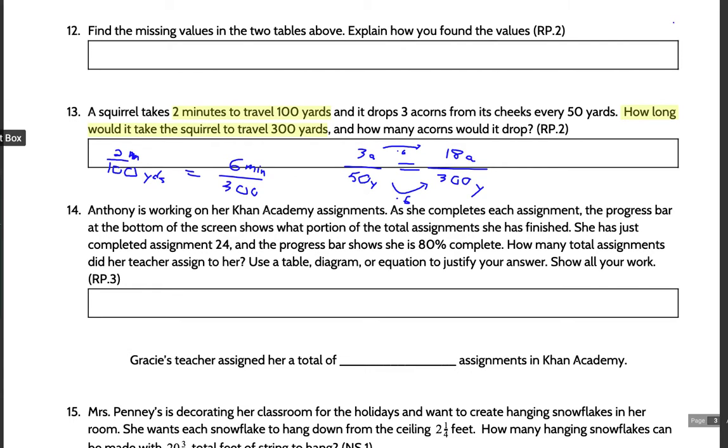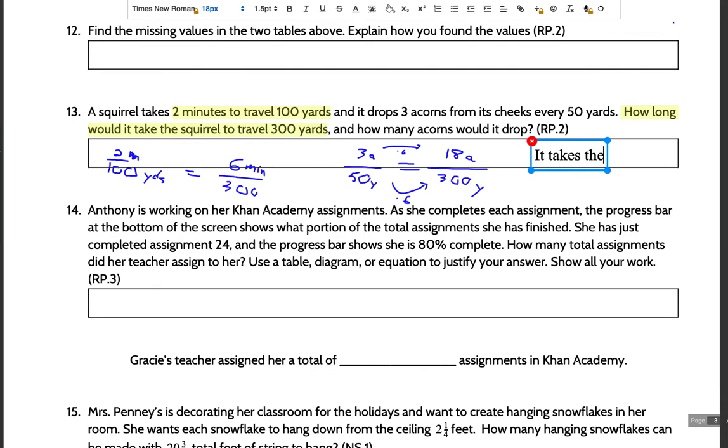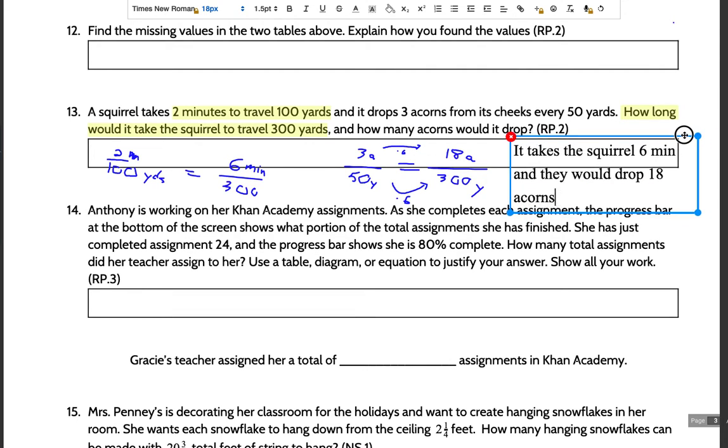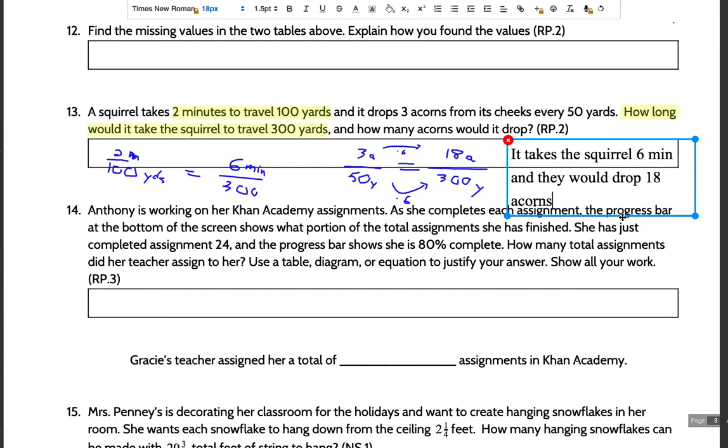So it takes the squirrel 6 minutes and they would drop 18 acorns. Not very efficient if you're trying to save acorns.